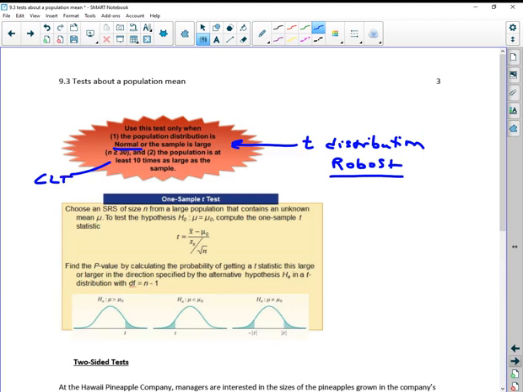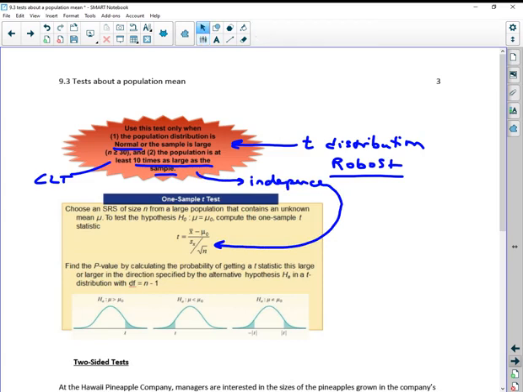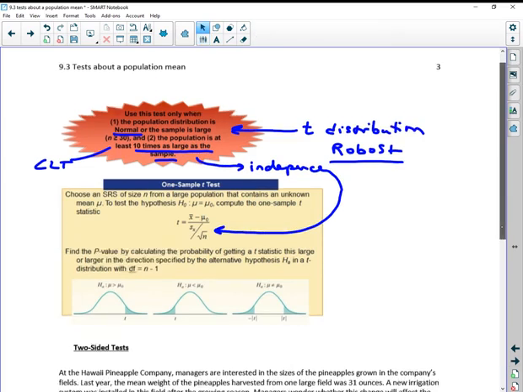But if we're lower, we're going to have to really dig into it to see if we can prove it. And then right here, 10 times as large as a sample, that's proving our independence. That's going to help us do this standard error right here. Independence is about making calculations on that.